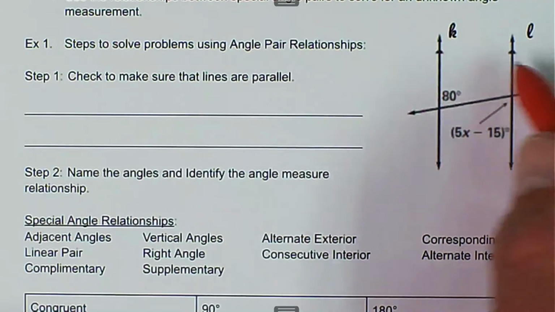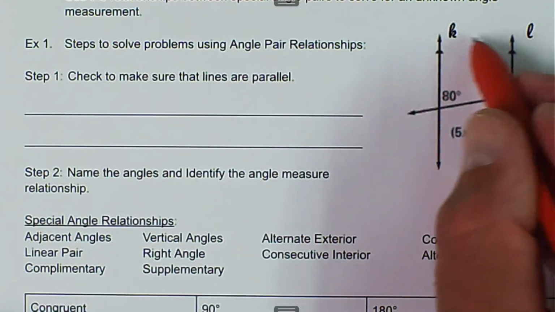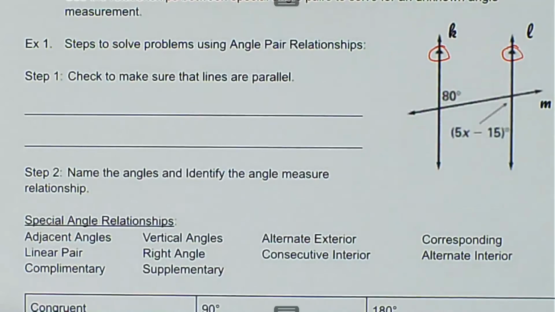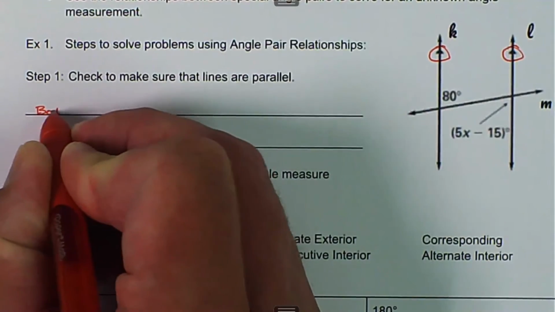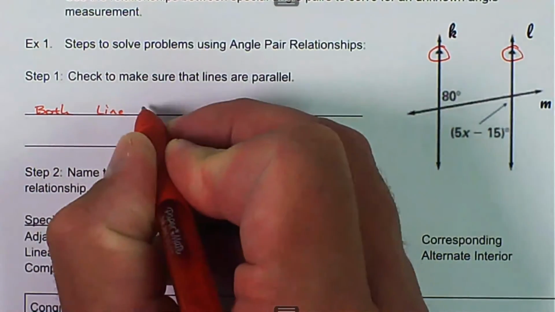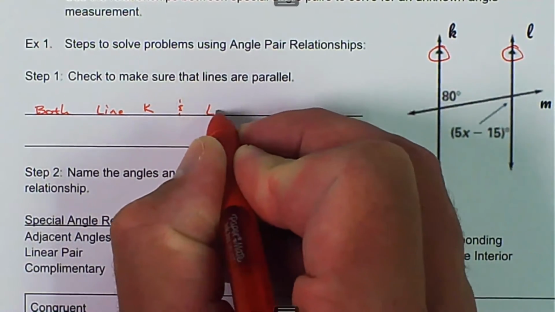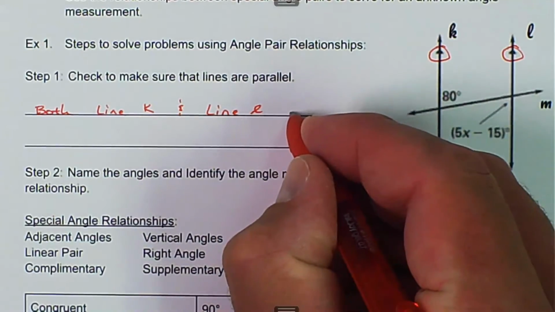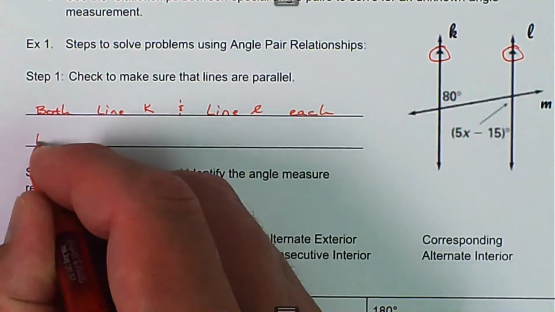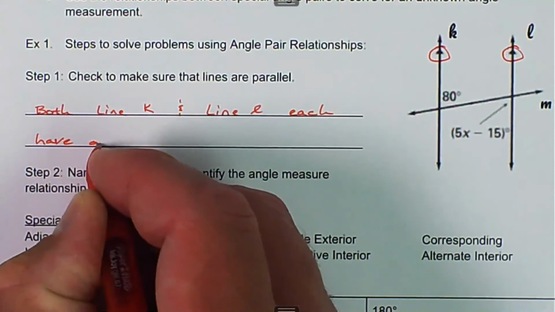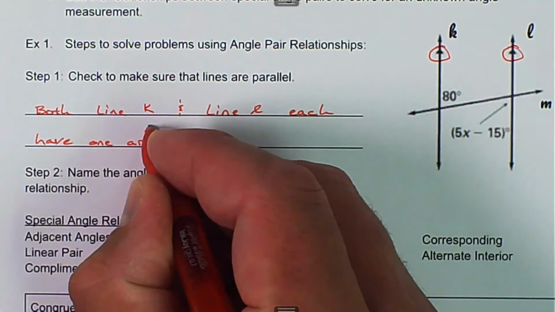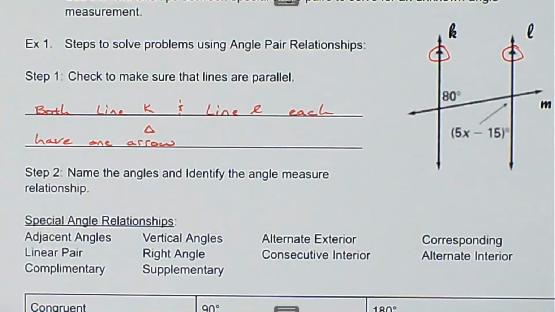So the relationships we want to see are the angle relationships between lines K and L. And this triangle here and this triangle here show that these lines are parallel. So both line K and line L each have one arrow, or a triangle, one arrow or triangle.